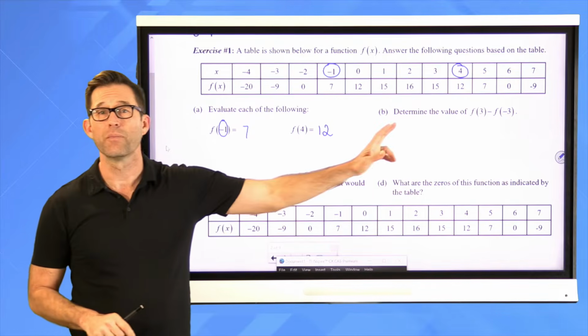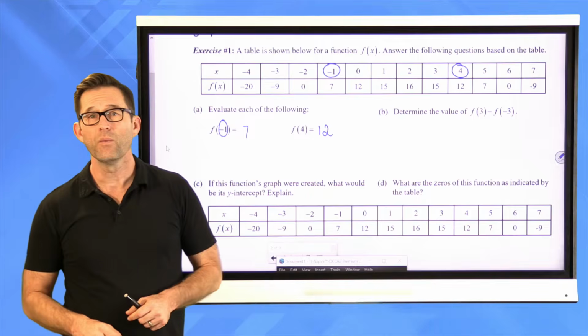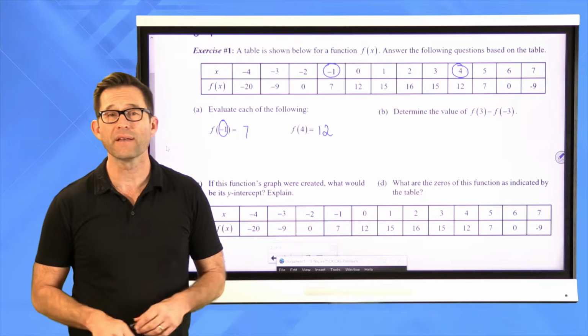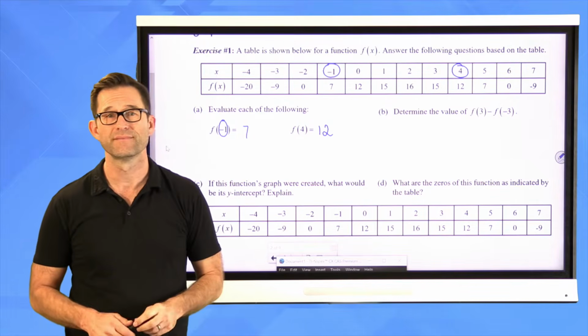Now, letter B. Determine the value of f of 3 minus f of -3. We've done these things a few times in the past. I'd like you to pause the video and see if you can calculate that difference.